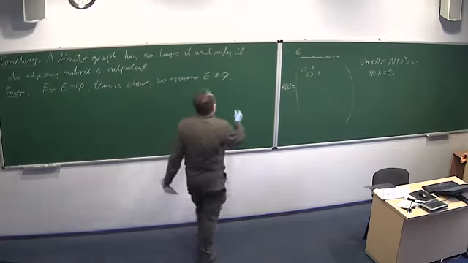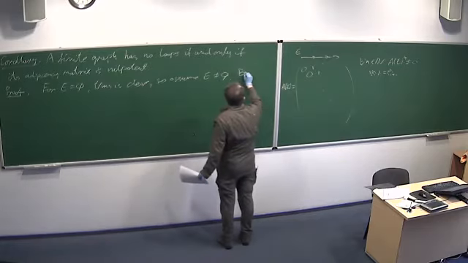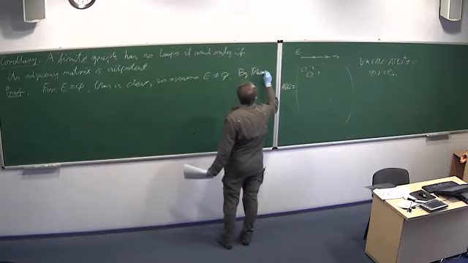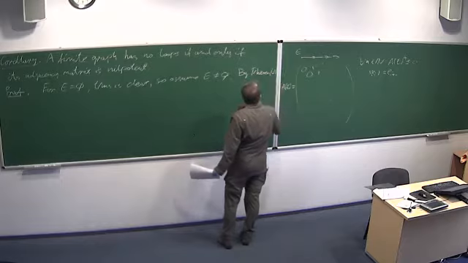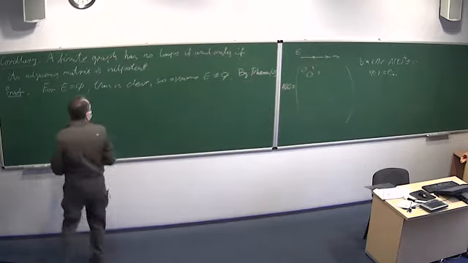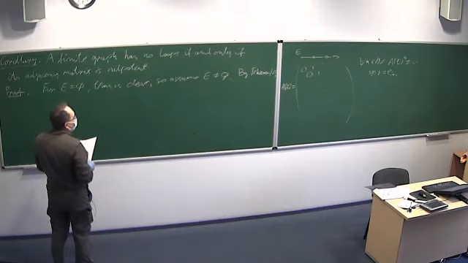Remember this theorem 115, which was proved by my daughter. So this is this theorem, which says that a finite graph has no loops if and only if the space of all its finite paths is finite.